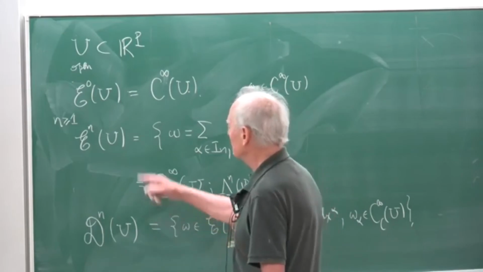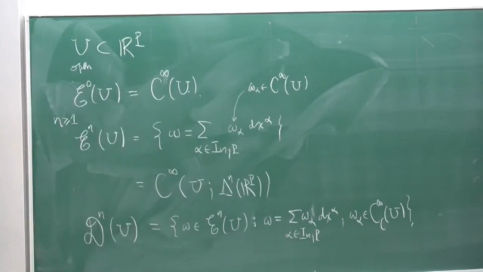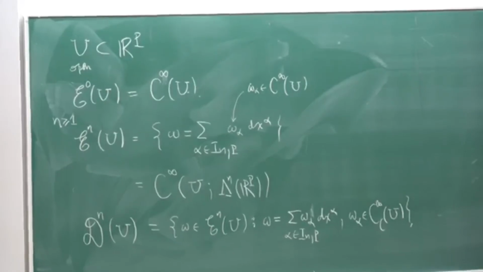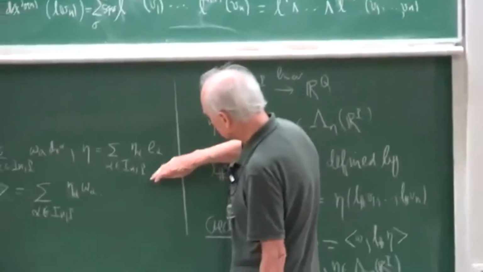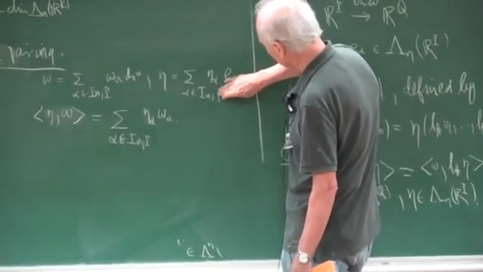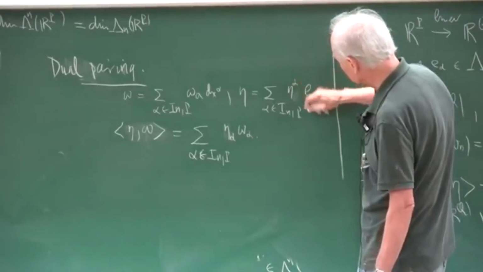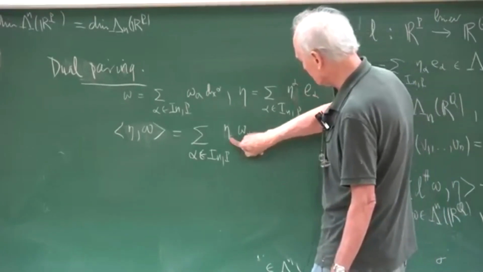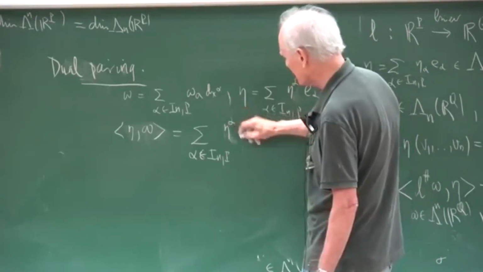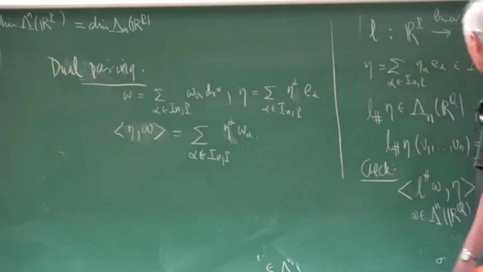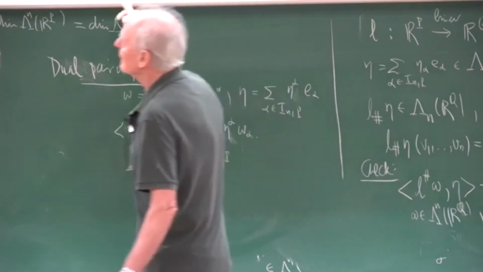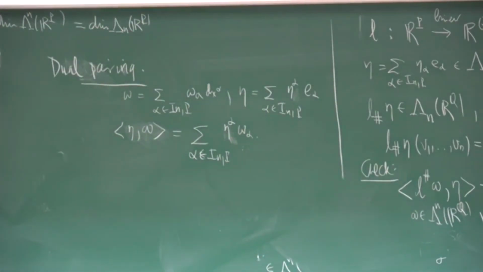Now we need to do a little bit of algebra again with these things. Oh, by the way, I made a notational thing here. It's conventional to write these with superscripts, so that this dual pairing looks like this. Just a notational point. Okay, so let's see what we need with these.